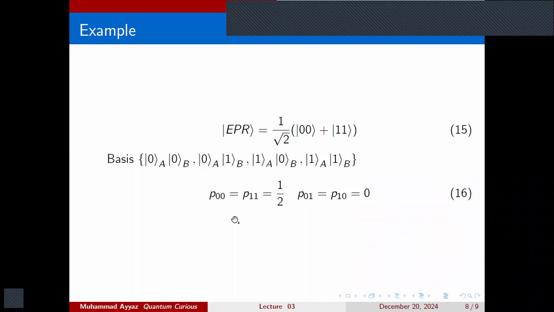We can see that the probability of getting the 0 0 and 1 1 outcomes is half. On the other hand, the probability of getting 0 1 and 1 0 is 0. This is because the inner products associated with the 0 1 and 1 0 outcomes are 0, because of the nature of the given state.